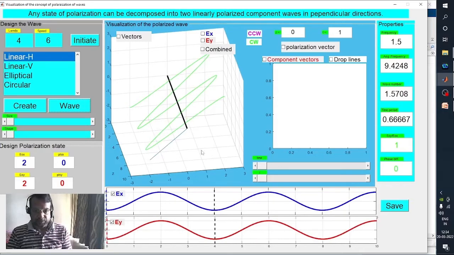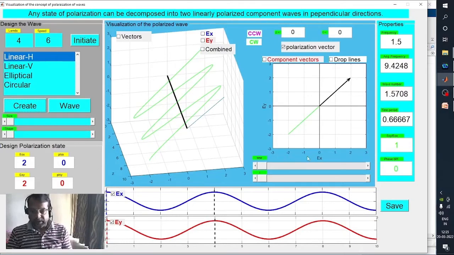While these two graphs are great to understand the exact state of polarization, it is the polarization vector diagram which is most often used and makes it very easy to understand the concept. So what does it do? This line over here, the magenta line, is the magnitude of the field as a function of time. This will be drawn separately in this window. On the x-axis is Ex and on the y-axis it is Ey.